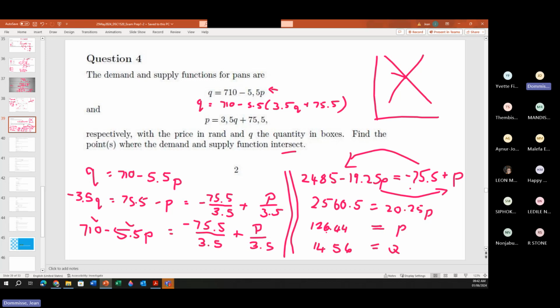I don't know if that was one of the options, but it feels a bit weird unless they then rounded it off to something like 126 and 15.